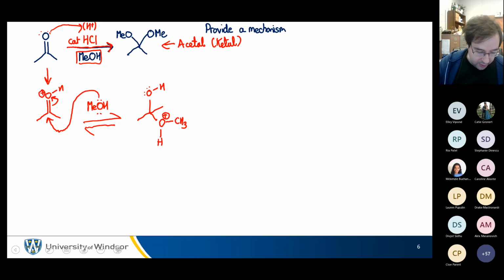The second most likely thing to happen is the hydrogen gets dropped off. But hydrogens don't disappear into nothing. Electrons have got to come from somewhere to take away that H plus. And so what we've got in solution is a whole metric ton of methanol.